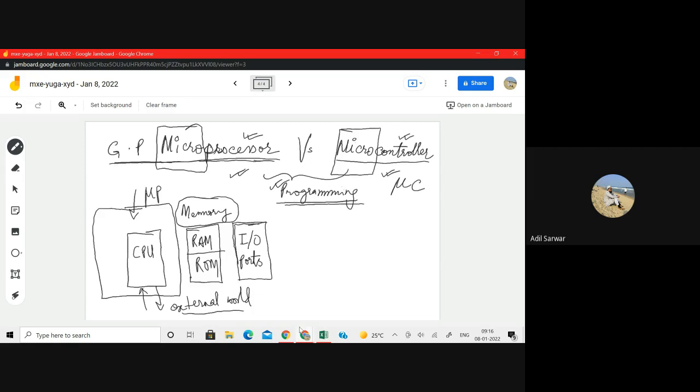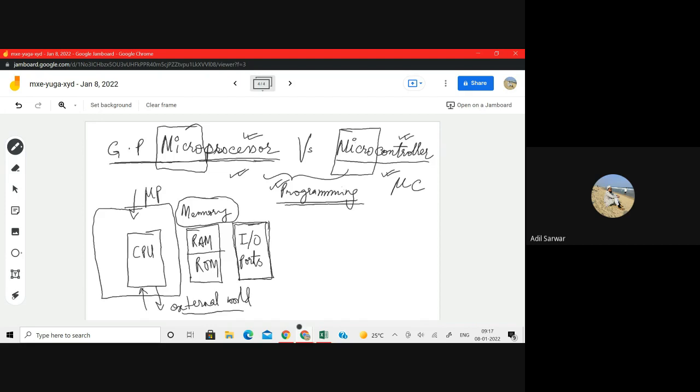They are pins available outside the chip of the CPU, where you can interface the external world, say sensors, a keyboard, or any type of device which needs to be connected to the CPU.